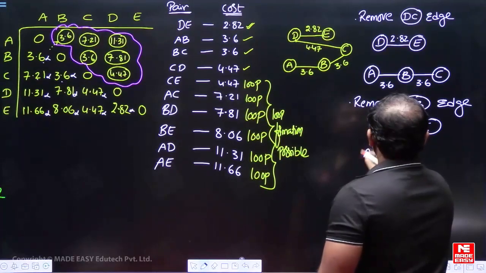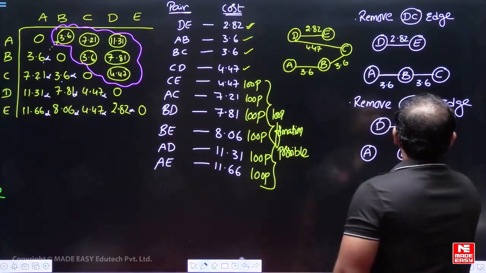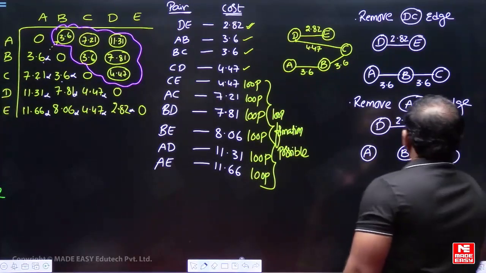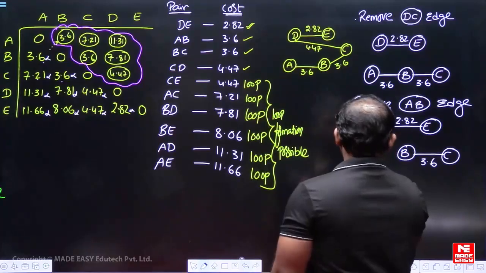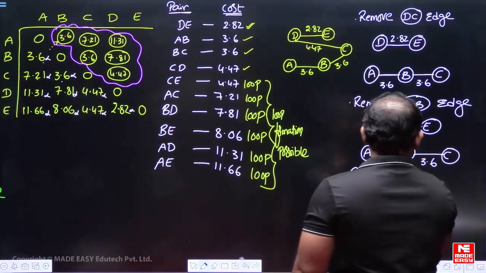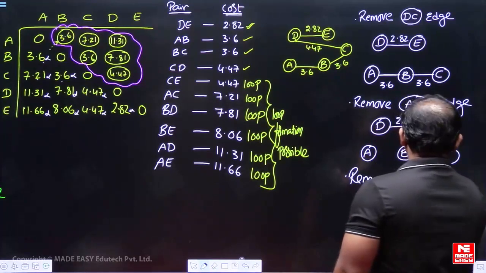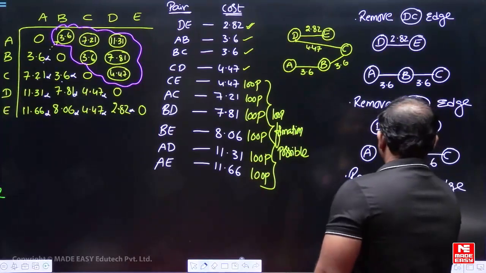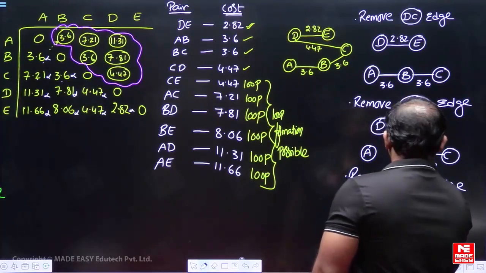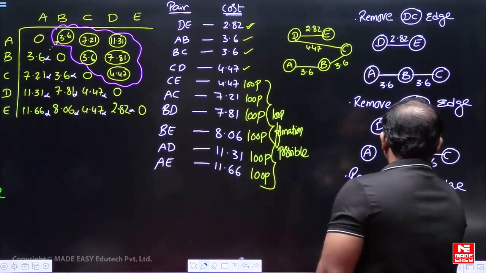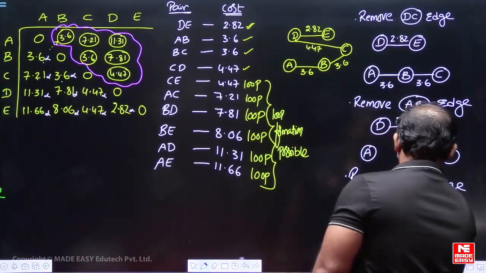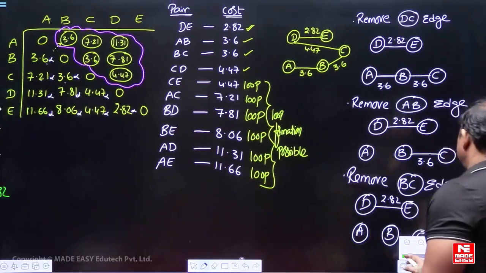Now this is A, here B and C. This is 3.6. Next, remove BC edge. Then D is there, E is there already with 2.82. Okay, now A, B, C, like that.